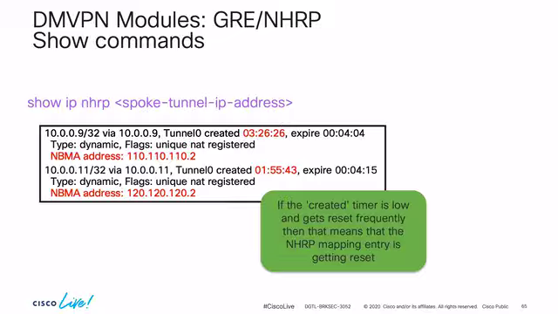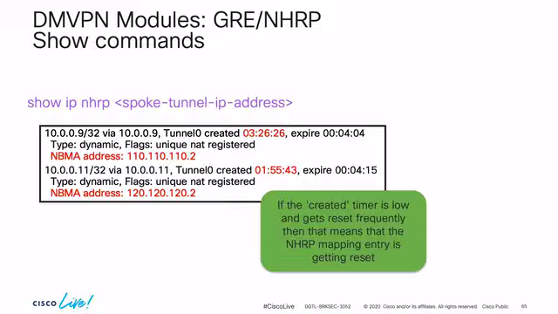Another very important piece of information which we can gather is looking at the timers for these specific mappings. In this particular case, the first mapping, which is related to the 10.0.0.9 tunnel, you can see that the created timer is around 3 hours and 26 minutes.